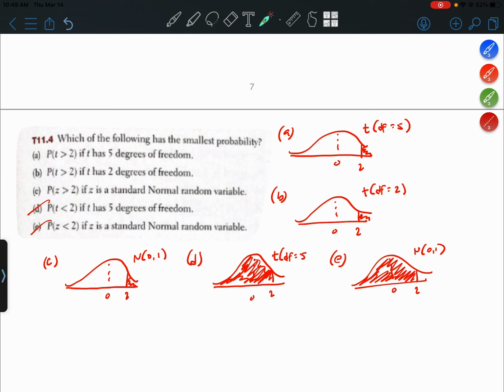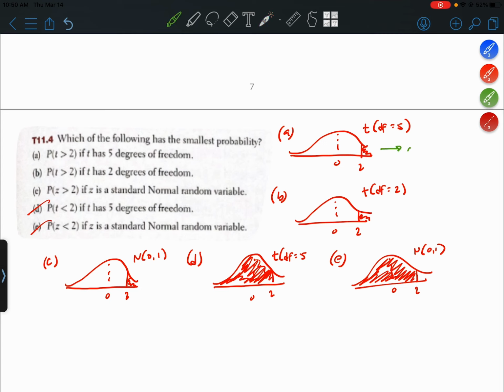I'll use TCDF and normal CDF to find some areas. Let's do TCDF first. Lower bound 2, upper bound 999, degrees of freedom 5. Sorry, I'm doing this off screen so you can't see.